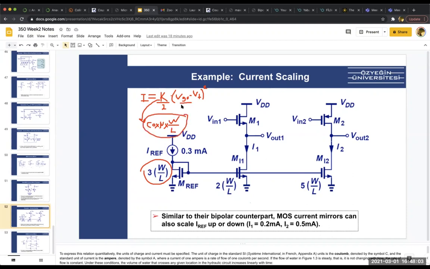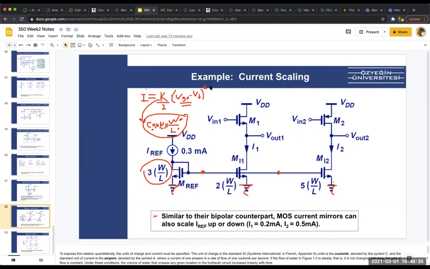So if you have the same VGS, well, you have the same VG and S is ground. So for all these circuits, you have the same VGS. So if you have the same VGS, because COX is the same, mu is the same, what matters is W over L. And that copies your current.